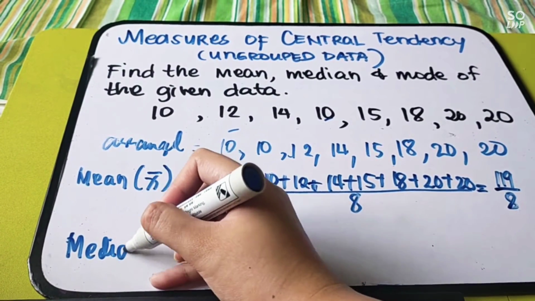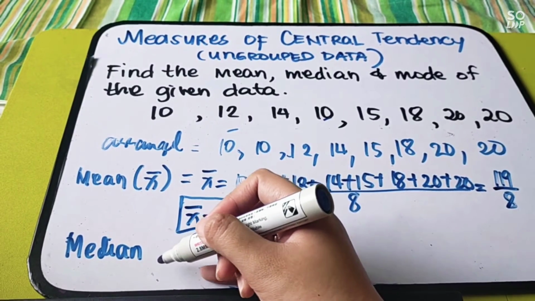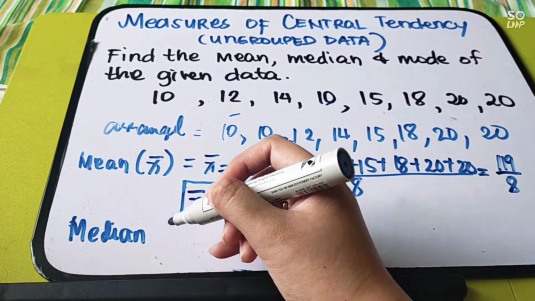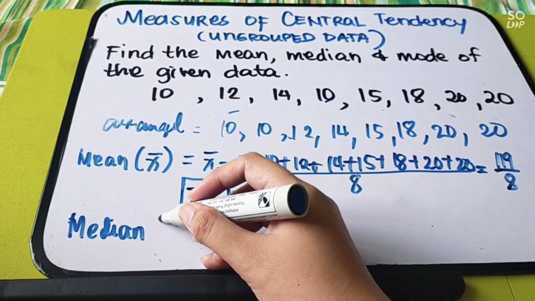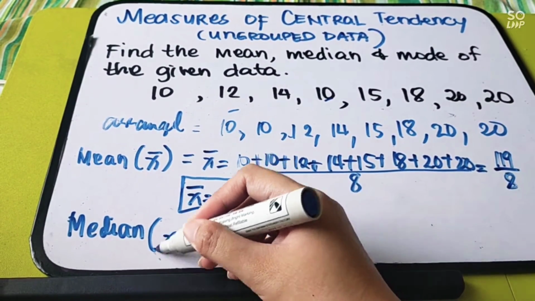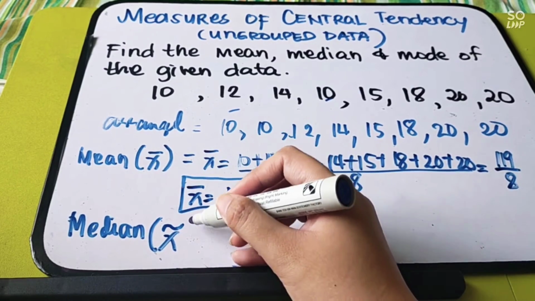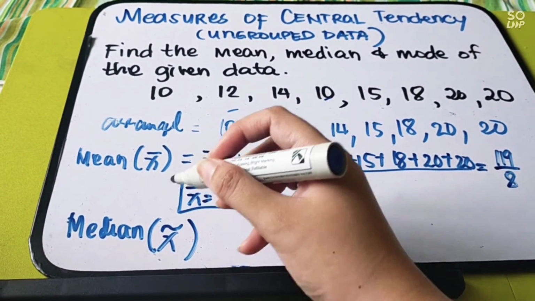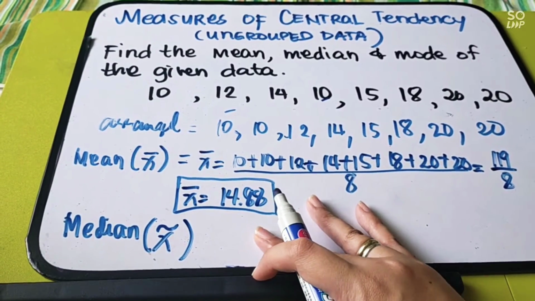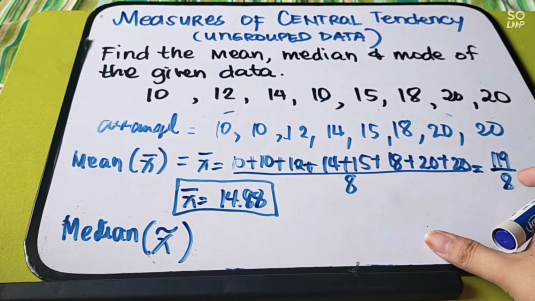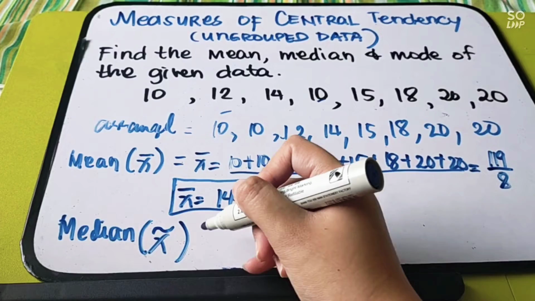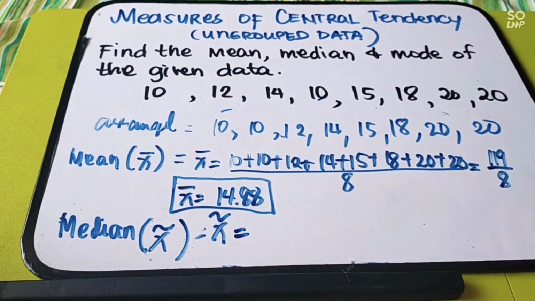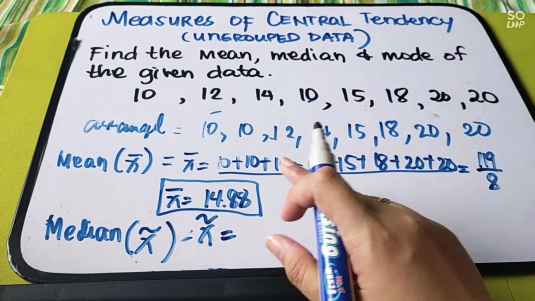Next, let us have the median. When you say median, this is the middle number of your data or the given scores. Our symbol for median is X with a tilde on top, like a curly line on top of X. So, find the middle number.